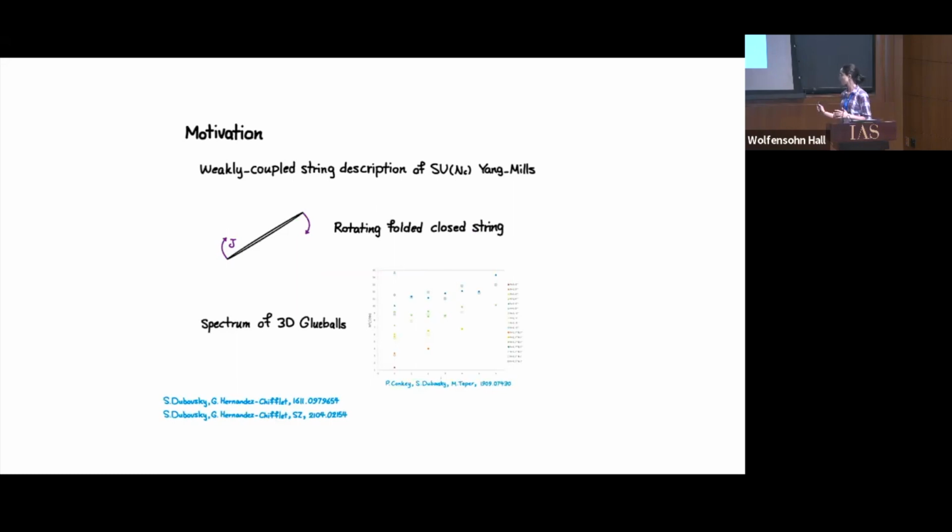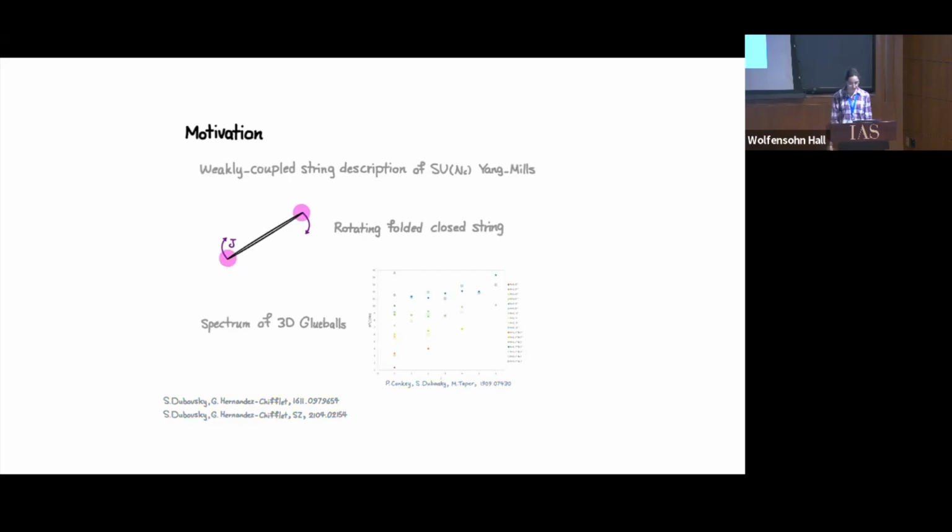And this description showed agreement with the spectrum of 3D glueballs. But to go to higher dimensions, to calculate higher order corrections, and maybe the energy splittings, and basically to find an effective theory for these rotating strings, we needed to study the endpoints more carefully.